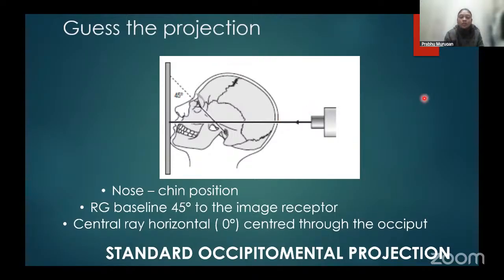So occipitomental projection. The film is placed in front, and X-ray is projecting from behind. The patient is positioned in what is called the nose chin position. The reason you place it in the nose chin position is that the head will be slightly tilted, so when the X-ray is being projected, there will be removal of the overlapping bony landmarks, and you will be able to see the region of interest clearly.